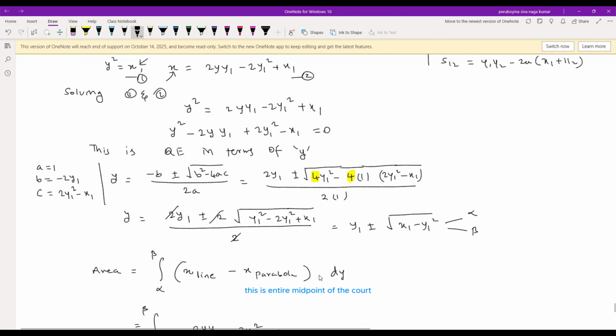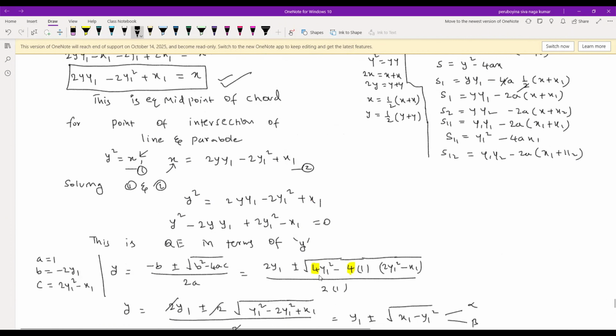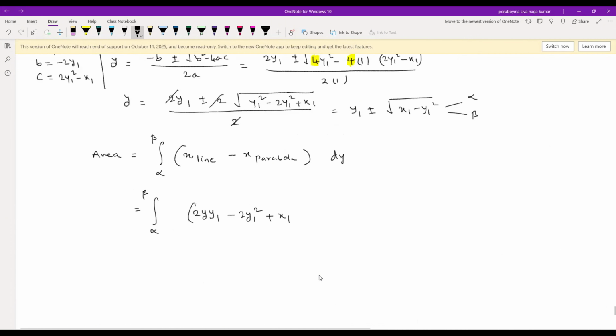This is the entire midpoint of the chord. This is x line minus x parabola, where x is equal to y square, dy.